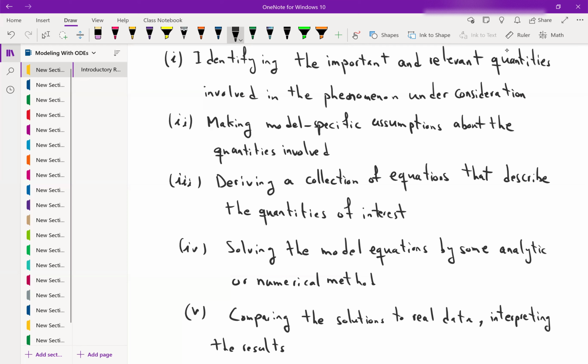And if necessary, if you see that they do not match, maybe you need to change your assumptions. Maybe you need to modify your model.